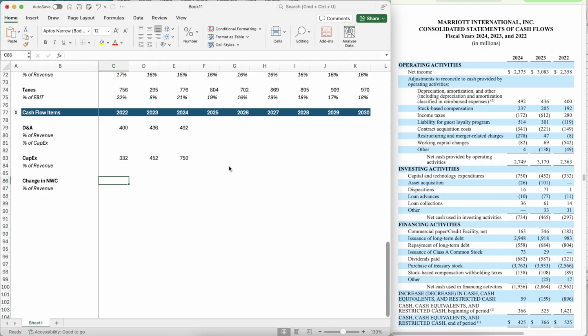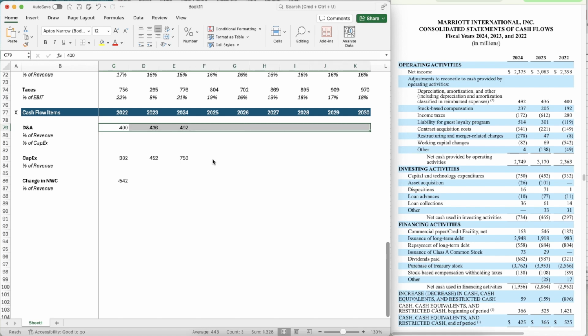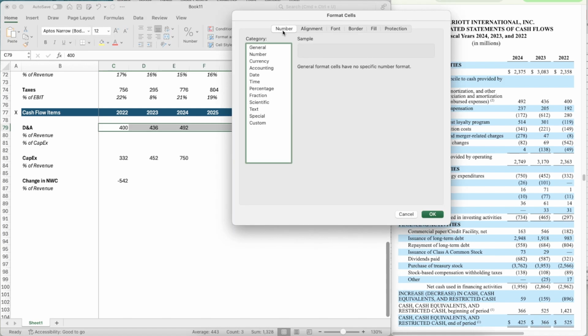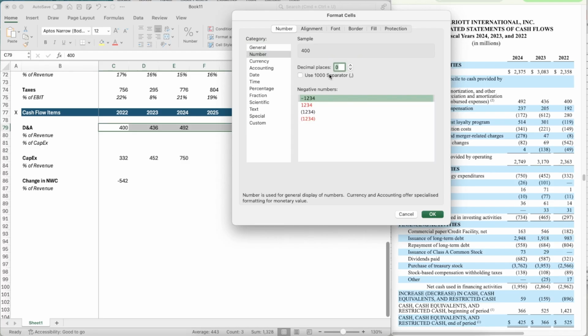So these are the working capital changes. Normally it's a list of 4 or 5 items that we then have to sum up. But yeah, this is great. Sorry, they just formatted the number.